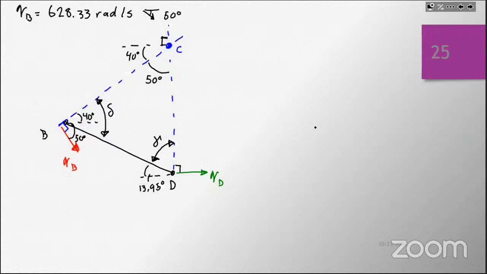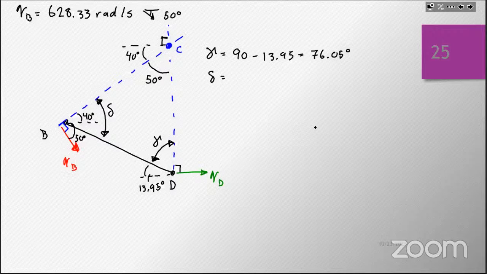So how do I find gamma and delta? Well, gamma is not too bad. We actually found gamma earlier today already, right? Gamma is just 90 degrees minus 13.95, which is my 76.05 degrees. What about delta? How do I find delta?